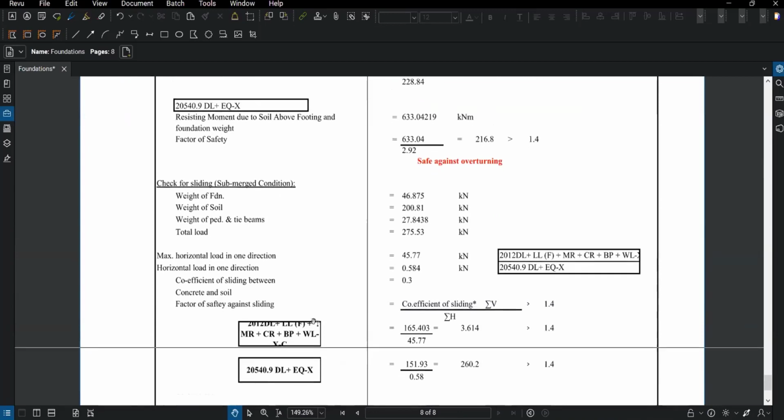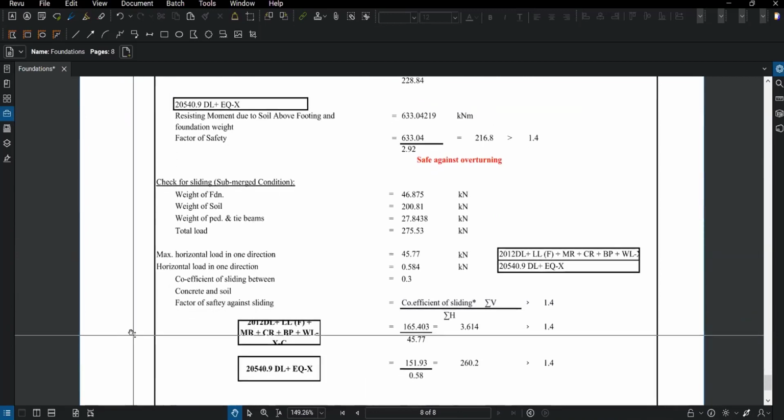And for the sliding check, similar concept, but without the moment, we consider only the horizontal forces which can get exerted at the base of the raft of the foundation and induce the foundation to slide.